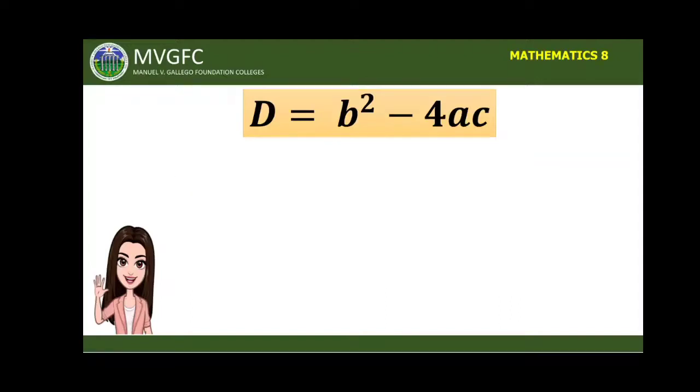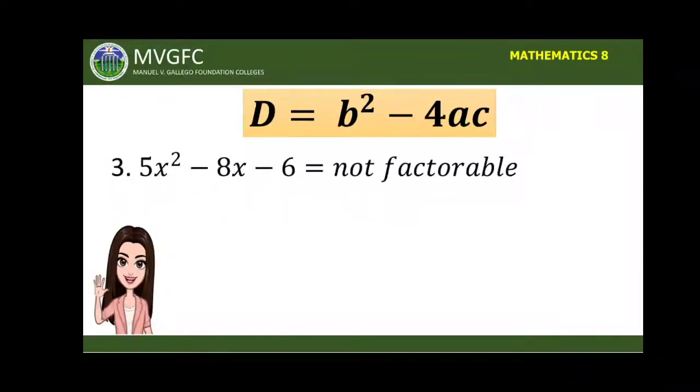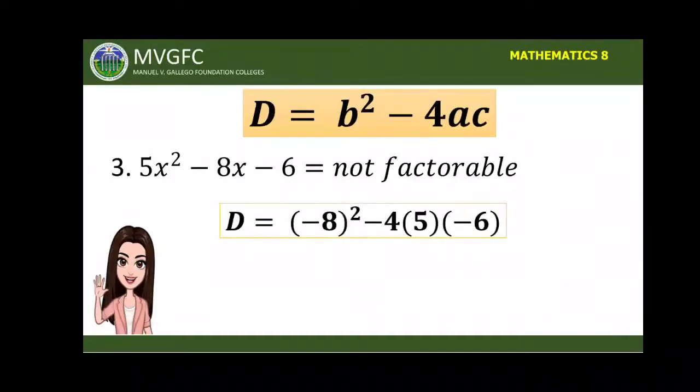Okay? So for our last example kanina, yung number 5 natin kanina, that is not factorable. Yung 5x squared minus 8x minus 6. Okay? So again, substitute the value of a, b, and c. So we have negative 8 quantity squared minus 4 times 5 times negative 6. Our answer is 184.